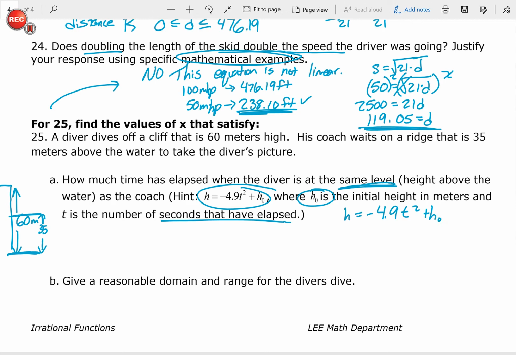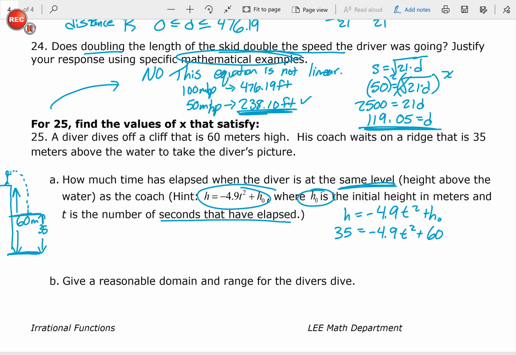Substitute our values in is all that we're asked to find right now. So we want to find the height when he is level. When he jumps, we want to know when he is right here at 35. That's the height that we want to capture. So we're going to substitute everything in. We need to find the time, plus what's his initial height? It's 60, or his original height.